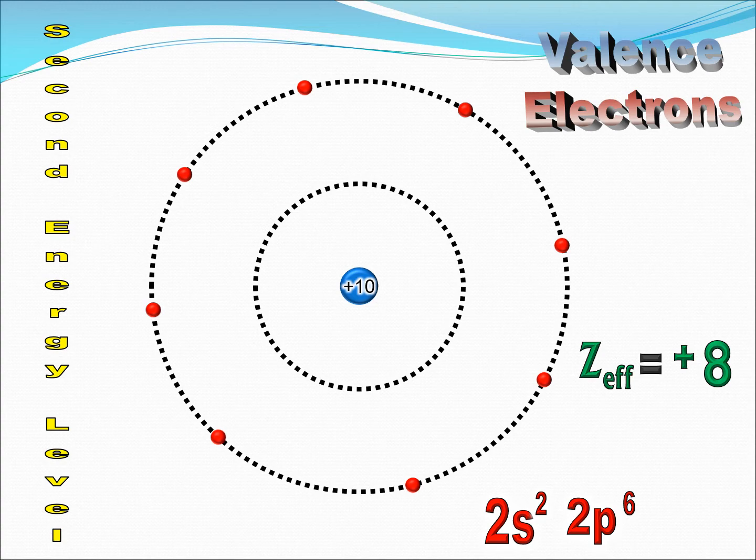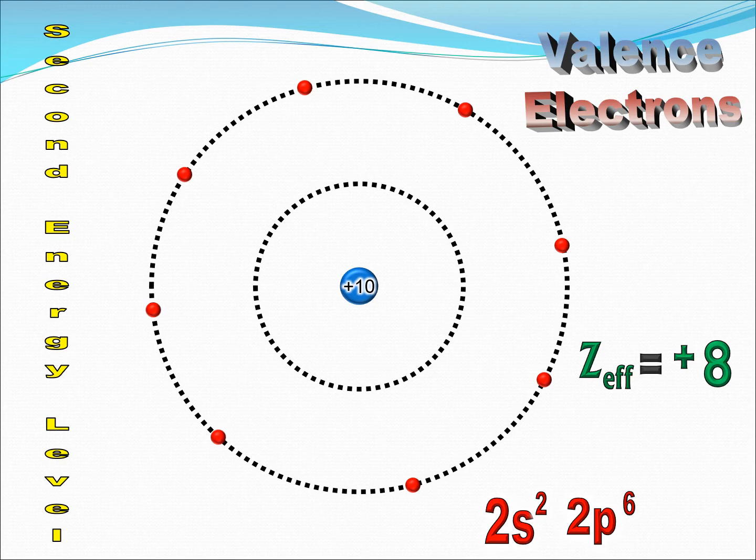So no wonder these noble gases, like neon is a noble gas, are so tiny. They have so much pull on that second energy level, they pull it in as close as possible. This is one reason why noble gases are so incredibly stable. They're very tiny. Being tiny makes you more stable.